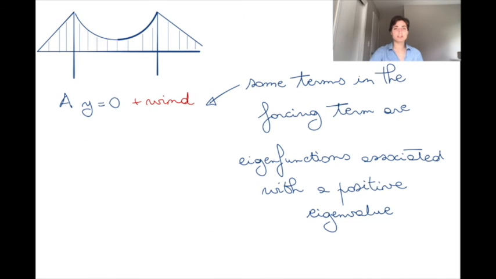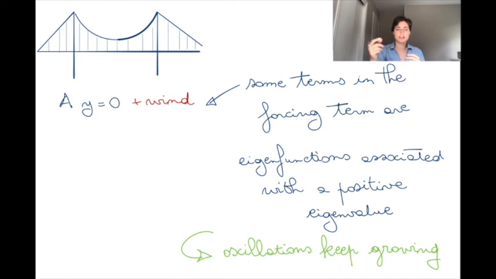And this forcing term happened to be, at least in part, composed of an eigenfunction associated with a positive eigenvalue. So that eigenfunction, placed as a forcing term, got amplified over and over by our linear differential operator A. So the oscillations that started with the wind just kept growing. Actually, in the Tacoma Bridge, it didn't keep growing that badly, but they did not get dampened away. They were quite stable. And that was the problem.